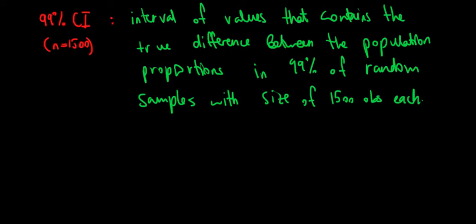The confidence interval here is going to have the following shape. We're taking the difference in proportions based on our sample, the proportion of the Canadians minus the proportion of the Americans from the sample, plus minus a margin of error.